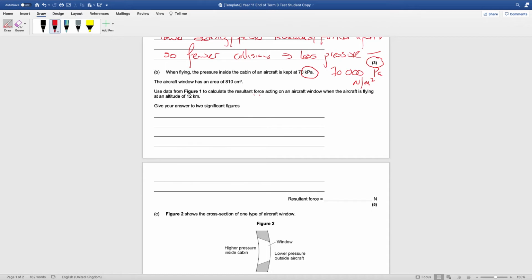And we want a force, which is going to be in newtons. So we're going to have to convert that into meters squared. There's 100 times 100 centimeters squared in a meter squared. So if we divide by 100 times 100, we'll get 0.0810.